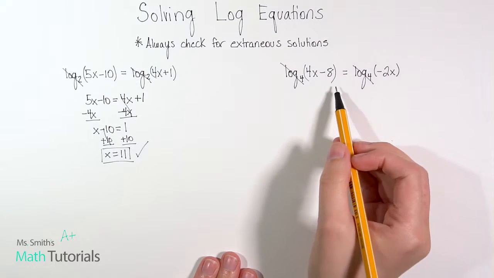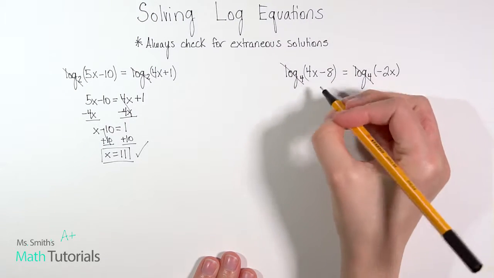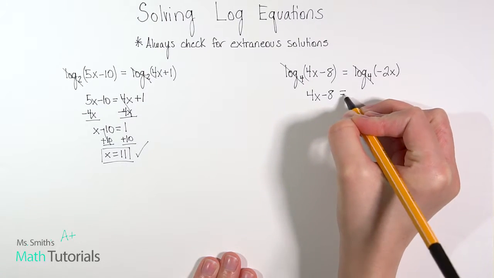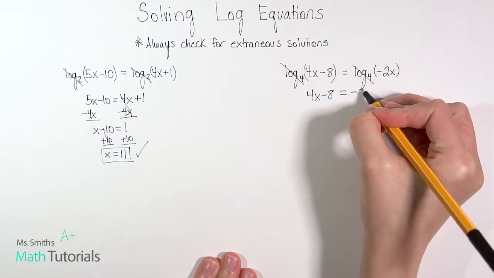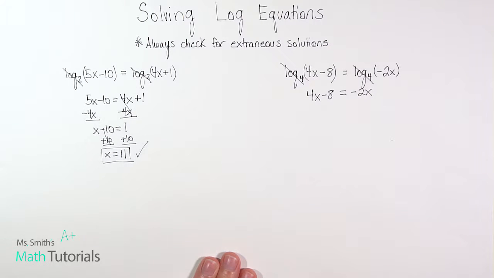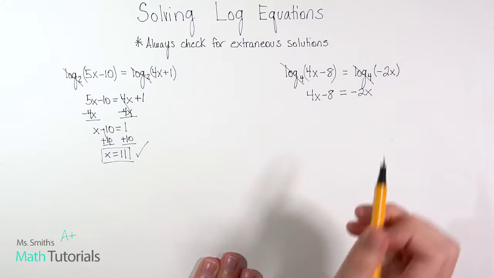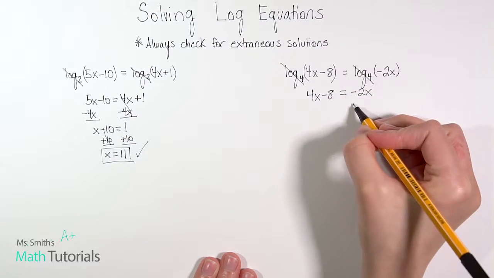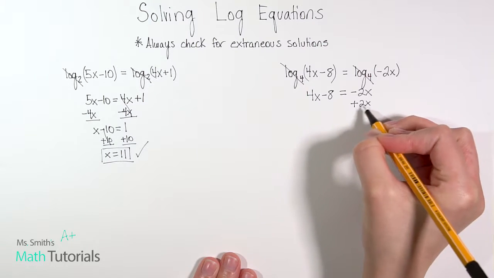Okay, so now that I've crossed those out, all I have left is 4x minus 8 equals negative 2x. And now I want to go ahead and use my algebra rules to actually solve for x. So remember, I want to take my smaller x and move it over to the larger x through inverse.